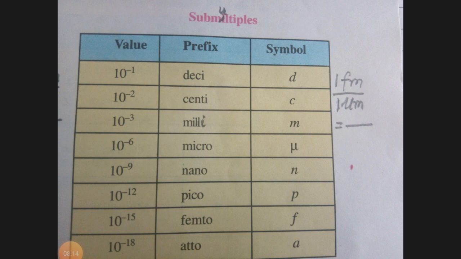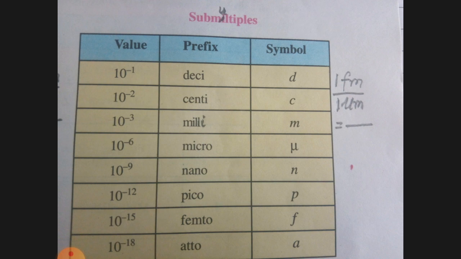Now the submultiples table of SI units is there, and here also the majority of the symbols we have seen ahead in the previous table, and we are familiar with most of the symbols which I gave you in the chart.